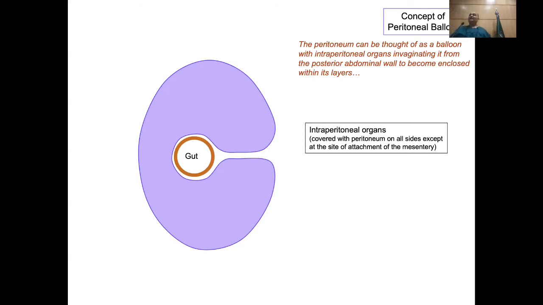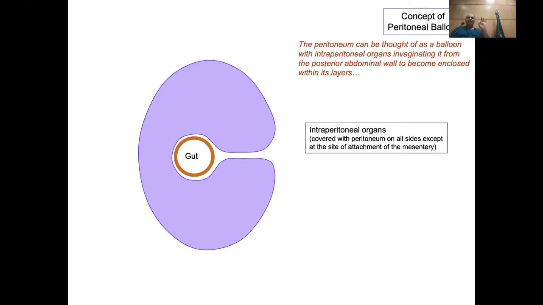A time reaches when my whole peritoneal cavity is squeezed, sandwiched, and I cannot see a big balloon there. If you open up an abdomen when you visit cadavers, you will not find a big space because all the organs have grown in size. So the space between is almost gone. I'll be showing you today, don't worry about that.